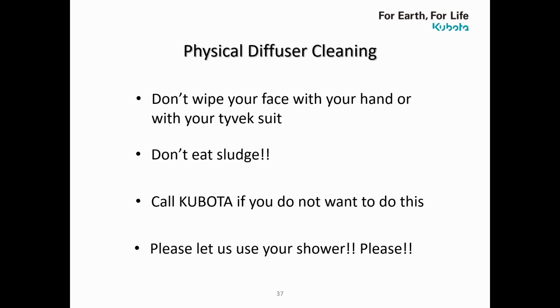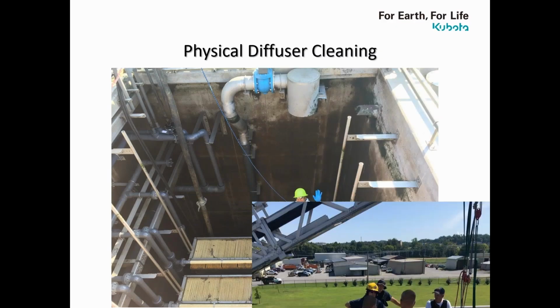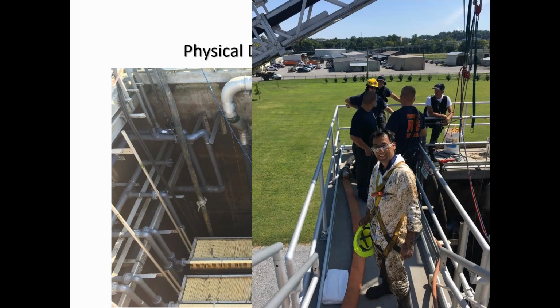If you have a heavy load of grit coming into the plant, and if you collect sludge on the diffusers, or, in this plant's case, a lot of fibrous material at the very bottom of the diffuser, the diffuser was pretty much clogged, and we had to take out all that built-up fibrous material. I felt like I was doing heavy lifting, because the fibrous material was so much volume at the very bottom of the tank, and it was very heavy.